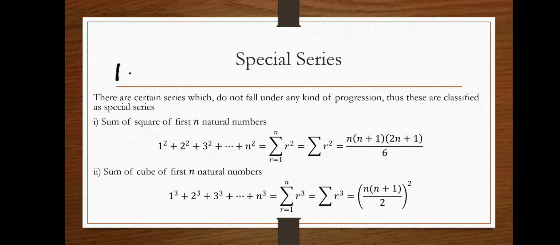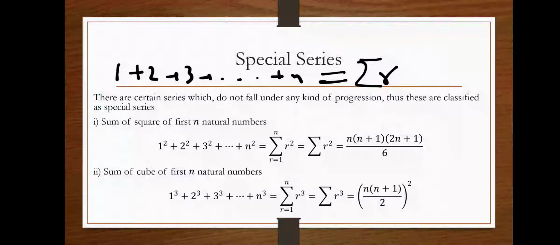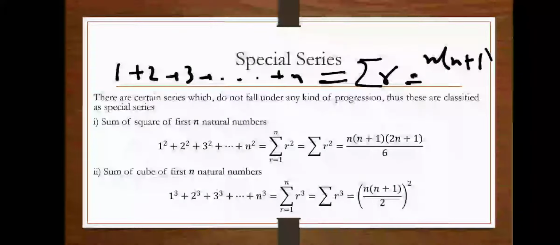That is 1 plus 2 plus 3 plus dot dot dot, your old school formula, that is sum of first n natural numbers, that can be written as summation of r, or summation of r from 1 to n, and that is basically n into n plus 1 by 2. Right?